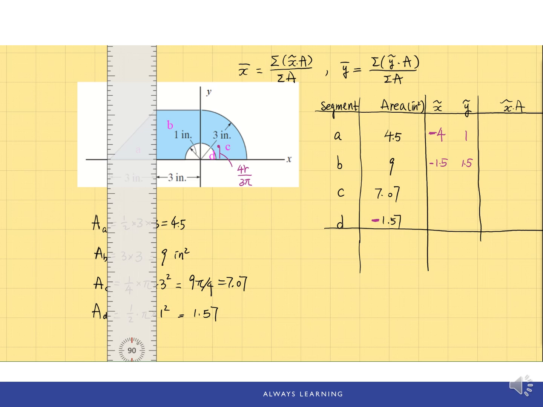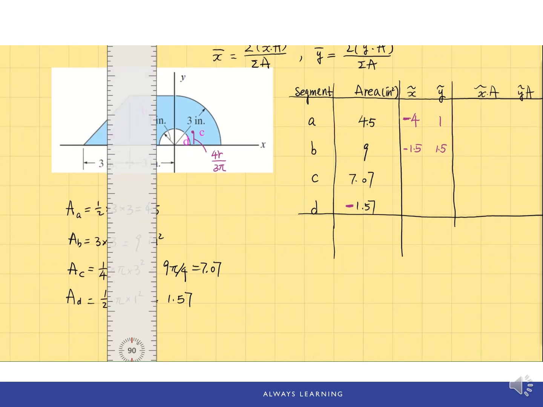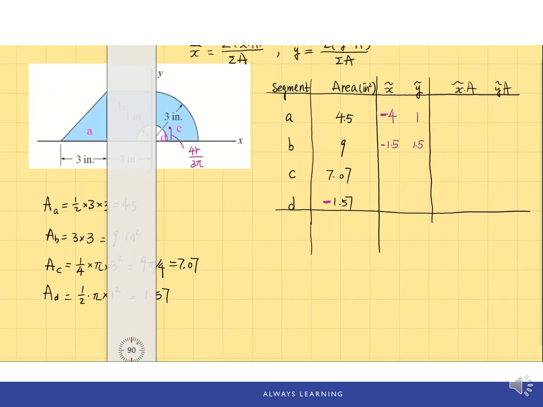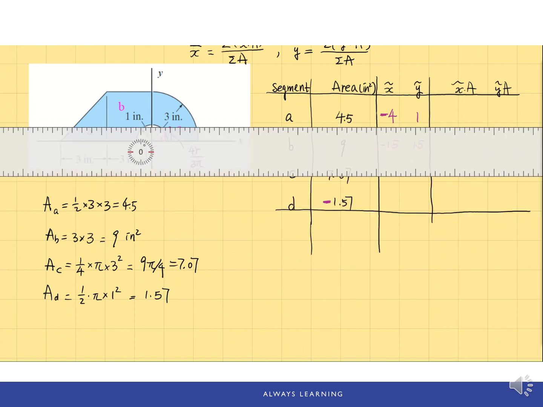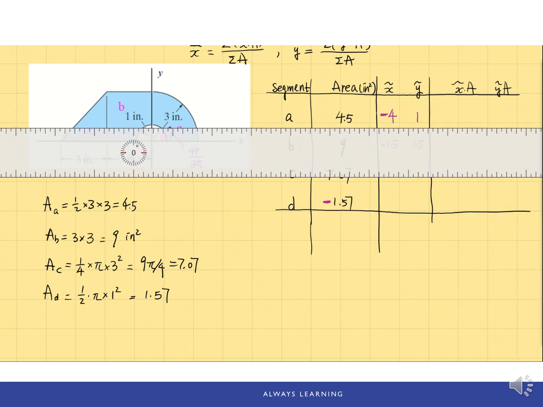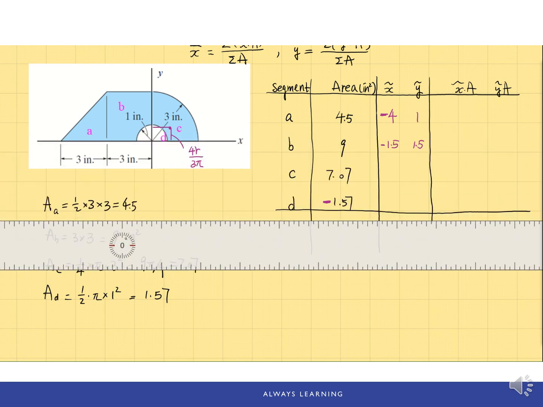So that's a very important formula that you're going to use a lot in the future when you're doing analysis for beams or for shafts with a circular cross-sectional area. And the distance from C to the y-axis is also 4r over 3 pi.